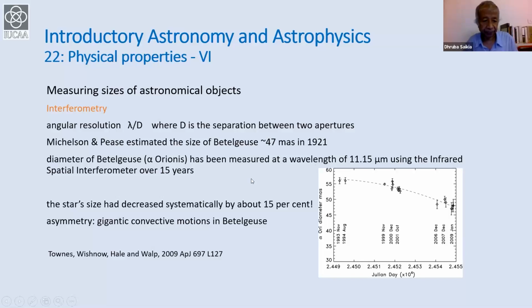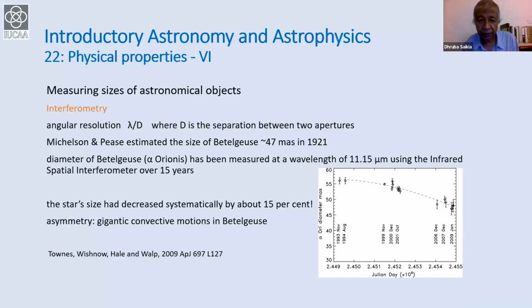Okay, so as I mentioned, the size of Betelgeuse also depends on the wavelength. And so if you made it at different wavelengths, you would not be able to find out whether there are any systematic changes or not. But they have observed it at infrared wavelengths with the Infrared Spatial Interferometer, ISI, and measured it over a 15-year period, and Betelgeuse seemed to be shrinking.